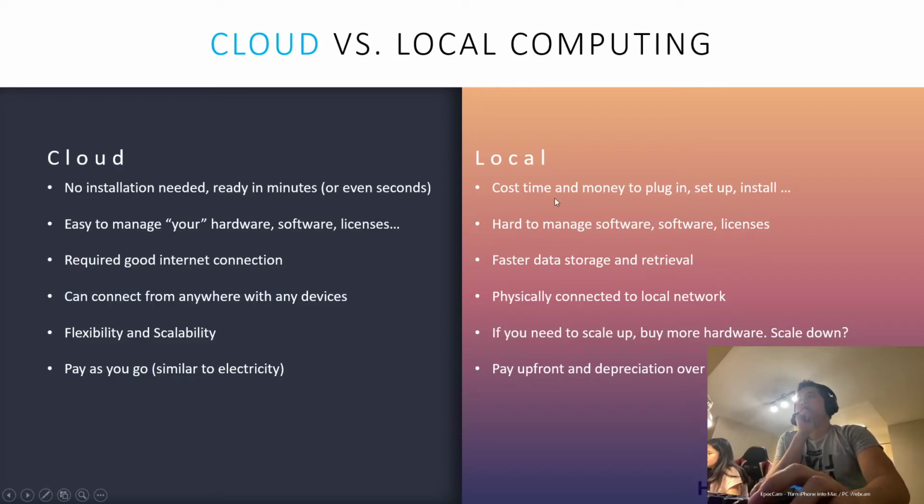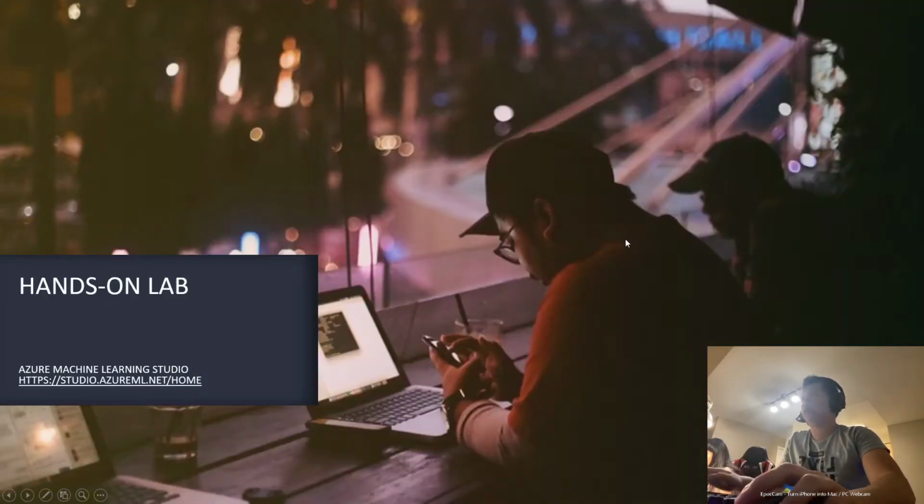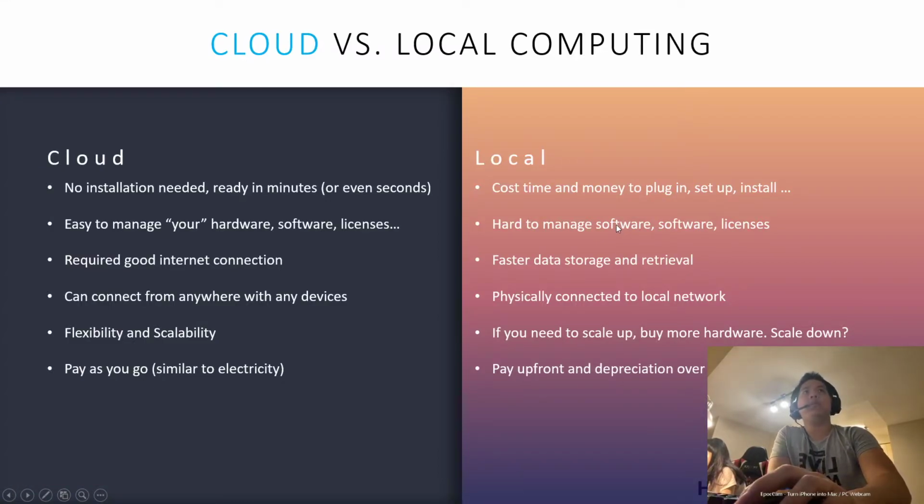In local, you have to manage your hardware, software, and licensing. Sorry, this is my mistake. Because you have to buy your own PC, set it up, install the operating system and any software you need, with the license. And yeah, it costs you a lot.